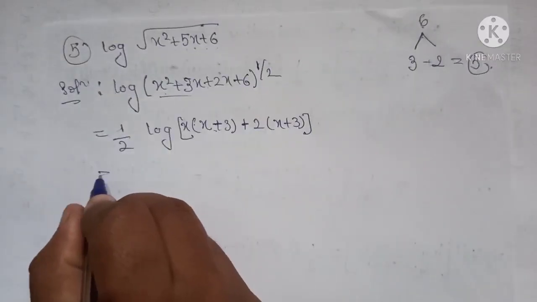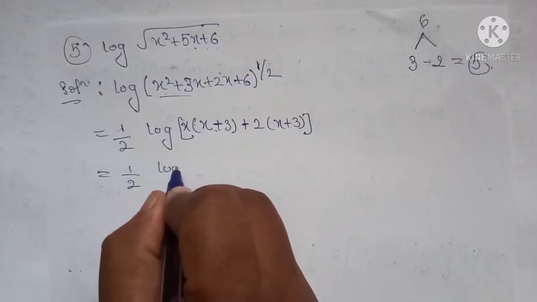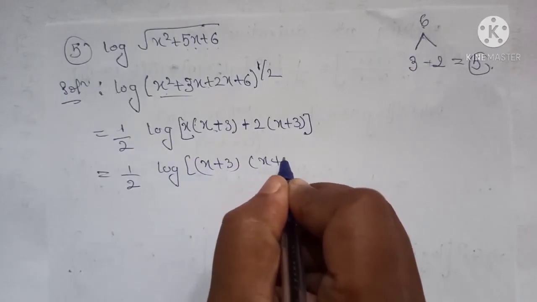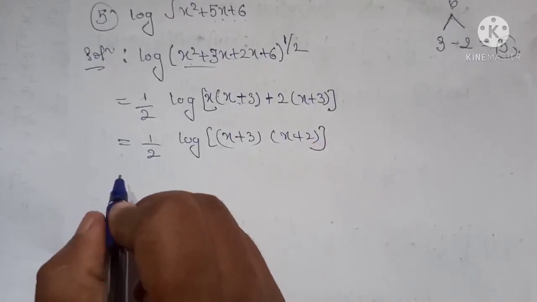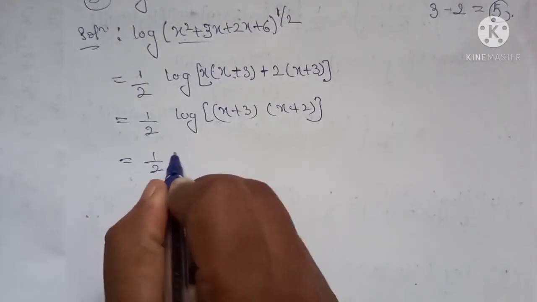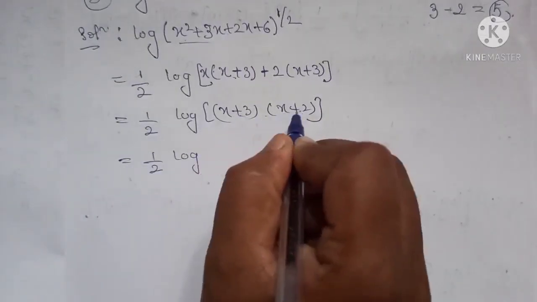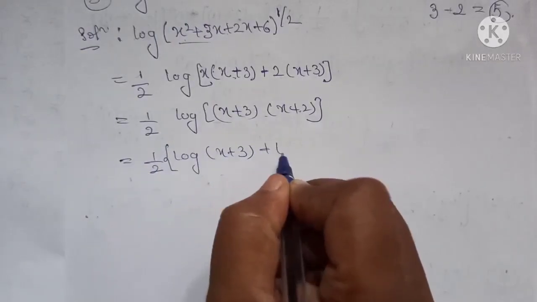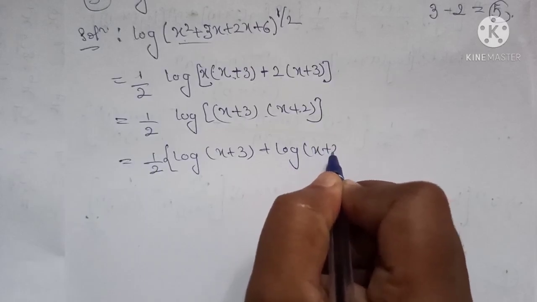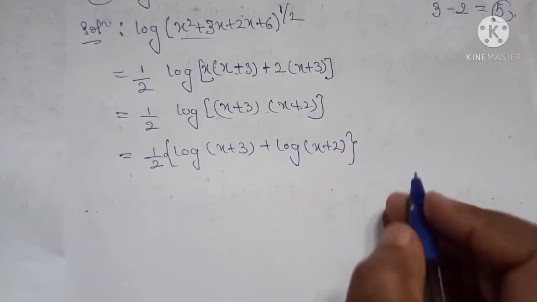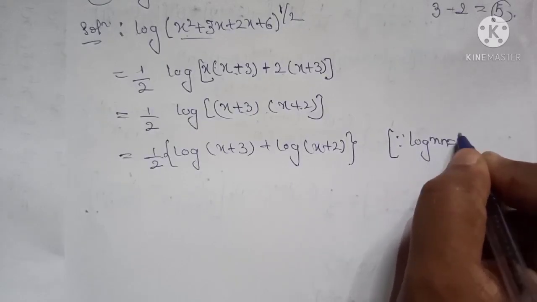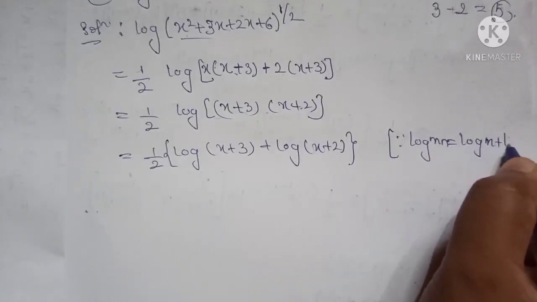That is 1 by 2 log of (x plus 3)(x plus 2). Now we use the formula log of m into n equals log m plus log n.